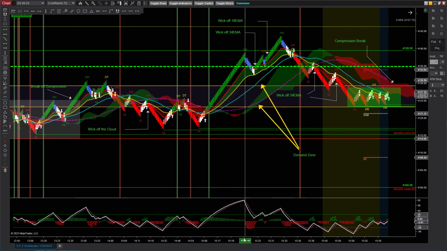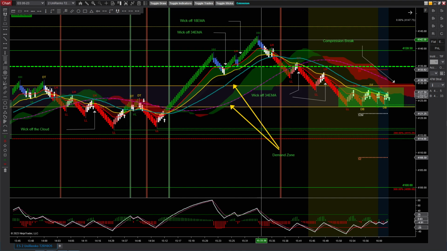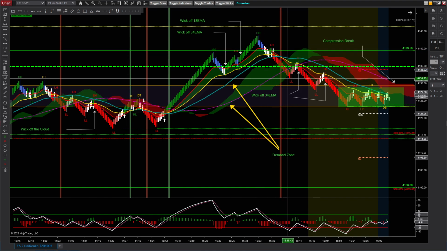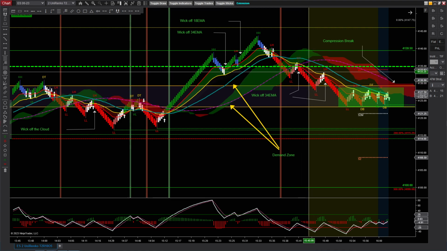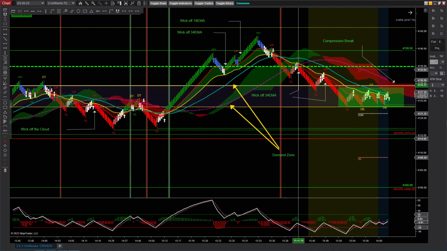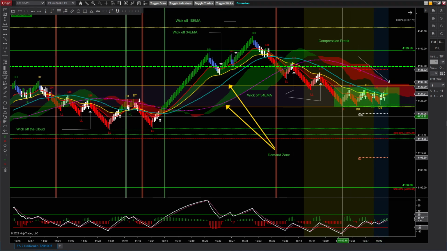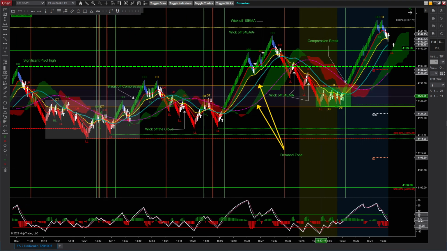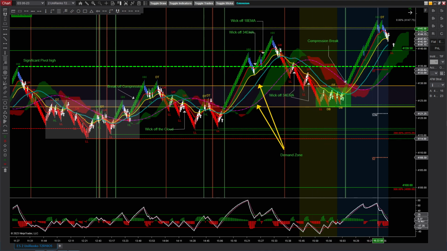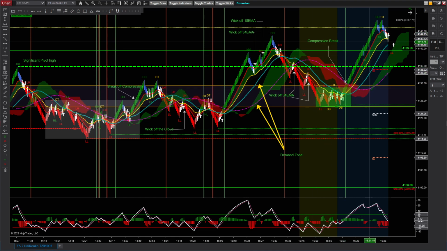So I was not looking for large moves today. Then it came back up and then came back down, and now we're again in the lower area, back into the range on this demand zone. From there, it made a range in this area within the demand zone, and then after the market closed, it exploded to the upside.